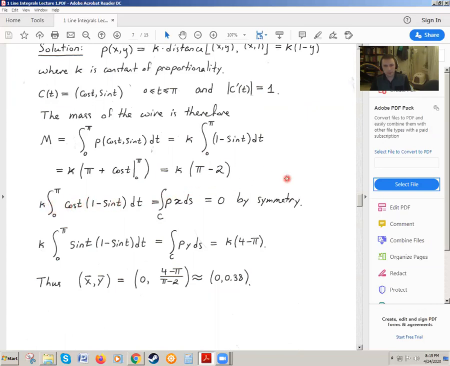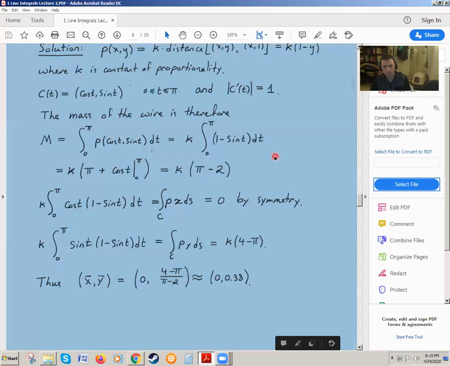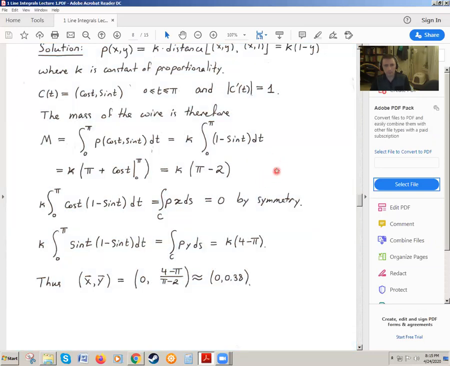You might, of course, observe that the arc is symmetric around the y-axis. So by symmetry, you would expect that x should be balanced exactly at 0. You could calculate this integral, but you can right away figure out that the answer is 0. It's a little bit more involved to calculate the same quantity for the y part.